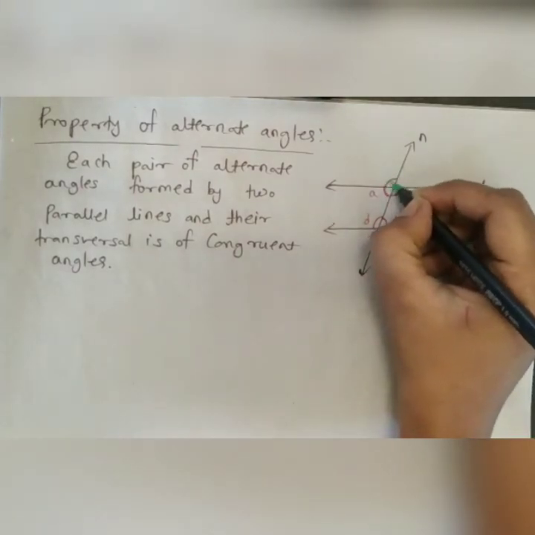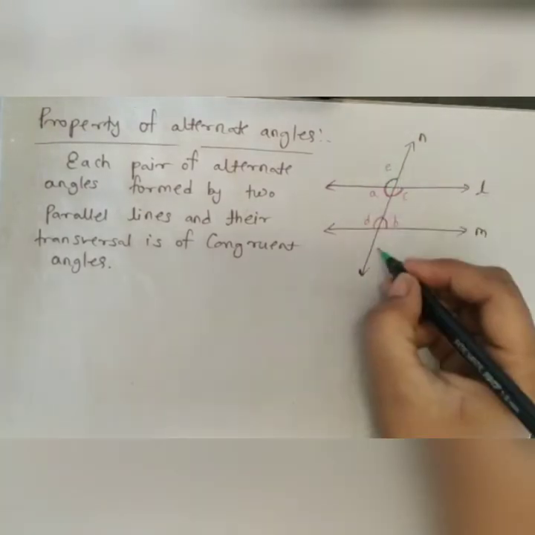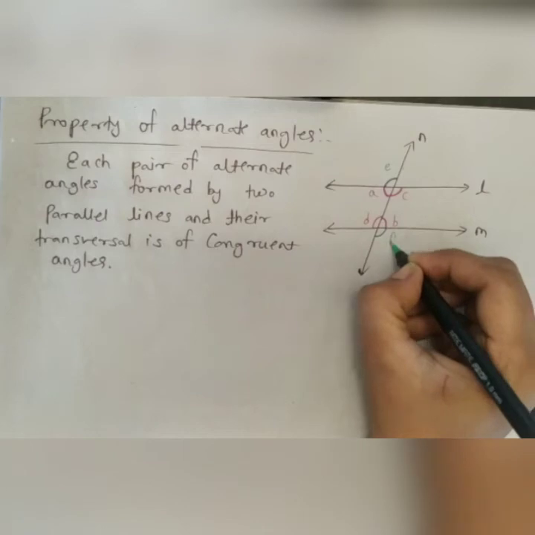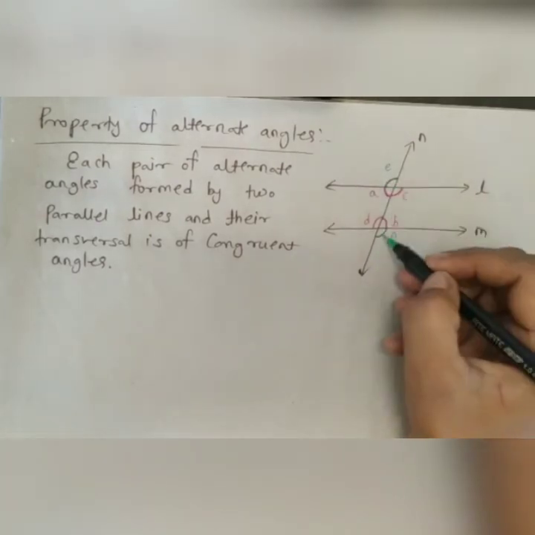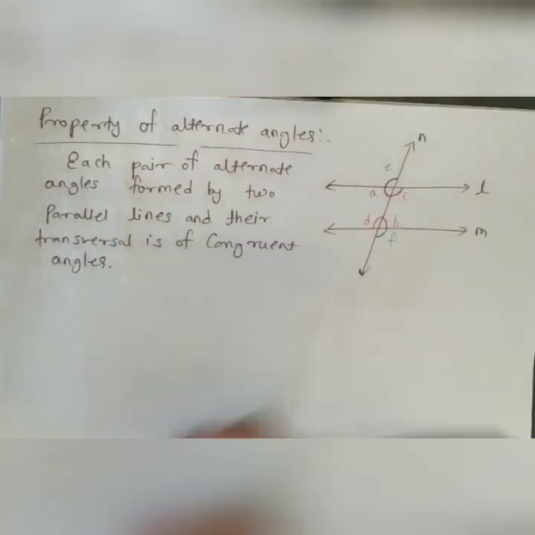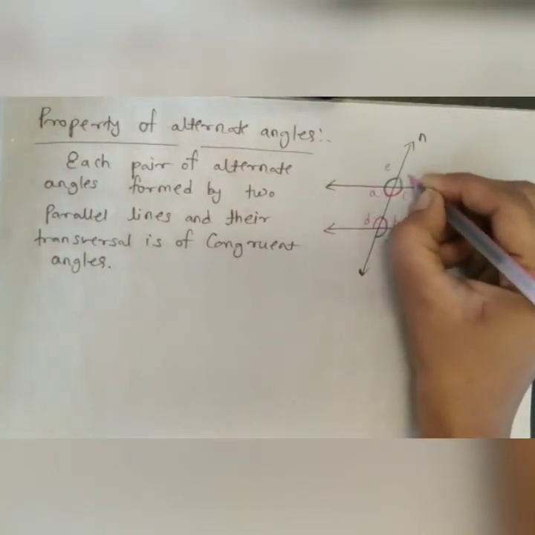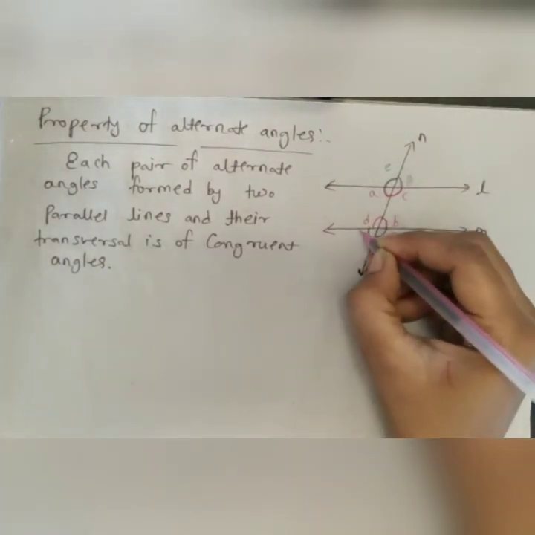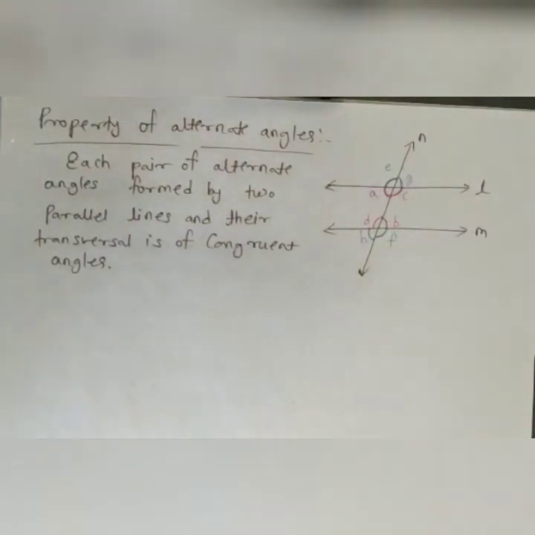Next, suppose this is angle E and F. This is a pair of exterior alternate angles. We already saw this. And next, this is angle G and this is angle H. G and H are a pair of exterior alternate angles. What is happening in this?